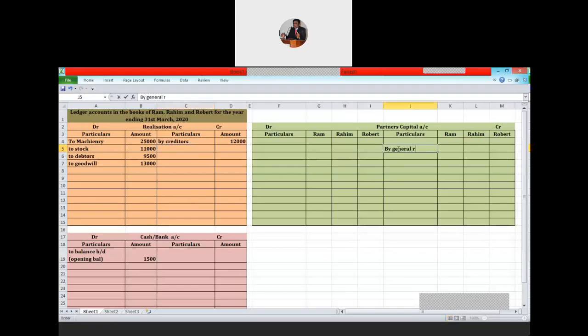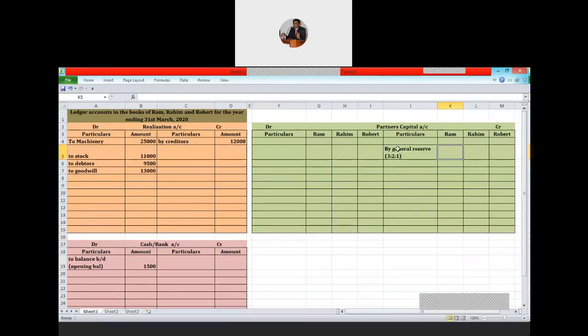Entry is general reserve account debit to partners capital account. So in partners capital account credit side, by general reserve, it is shared in the ratio of 3 is to 2 is to 1.